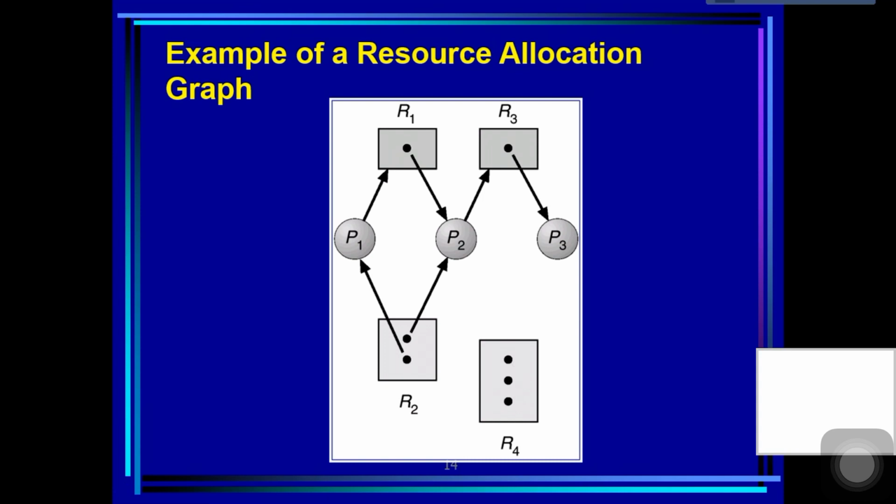Given the definition of a resource allocation graph, it can be shown that if the graph contains no cycles, then no process in the system is deadlocked.